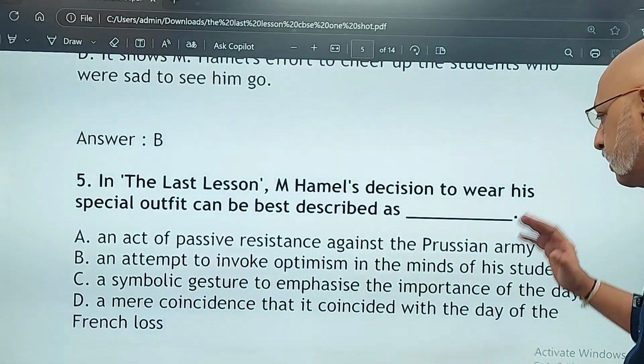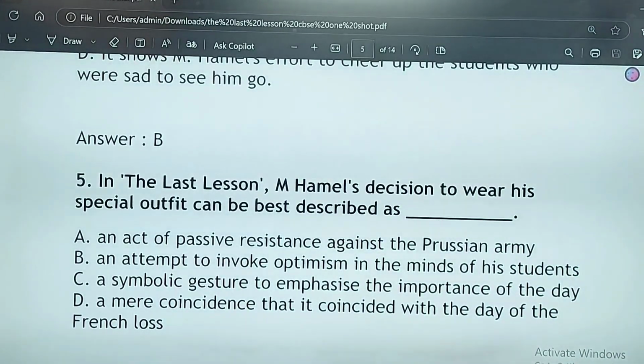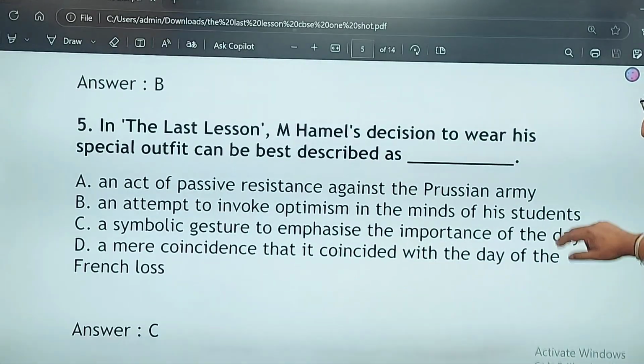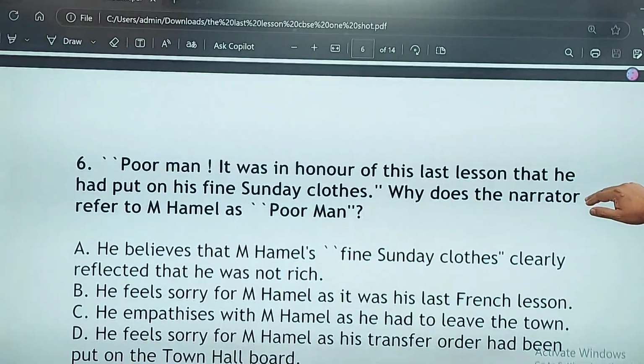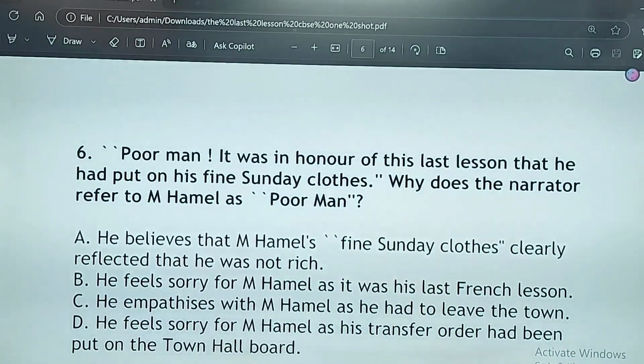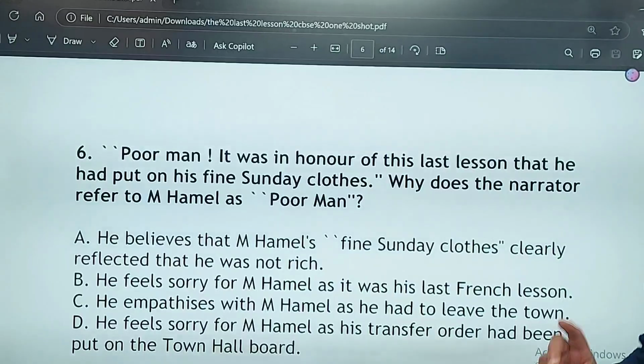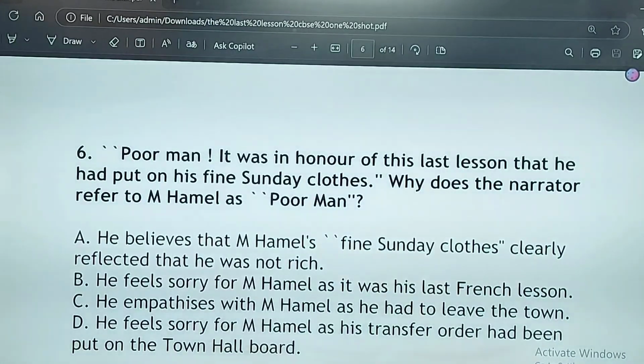In the last lesson, Hamel's decision to wear his special outfit can at best be described as, the correct answer here is C, a symbolic gesture to emphasize the importance of the day. Read this one, because in CBSE you get slightly longer options, so you need to take time.